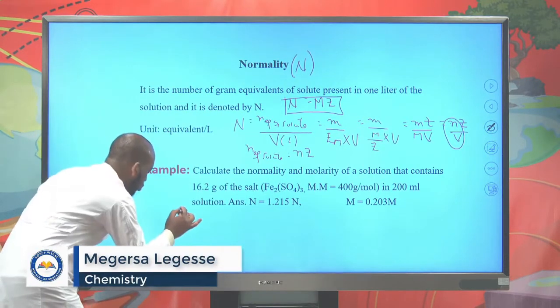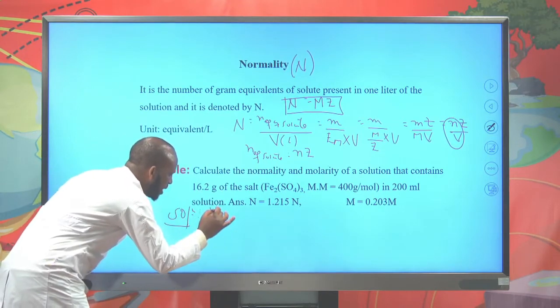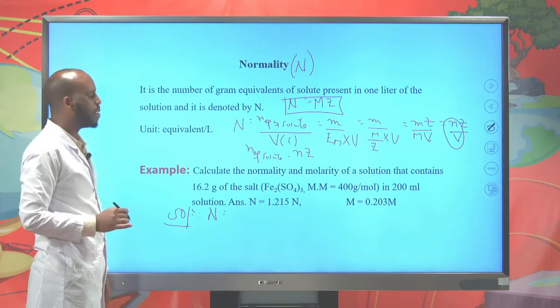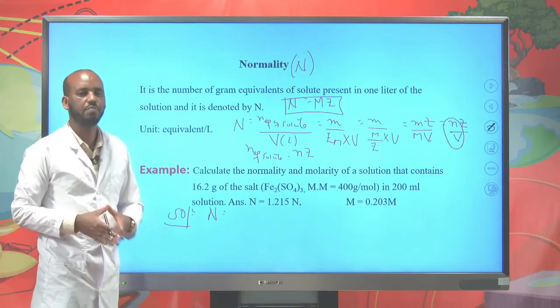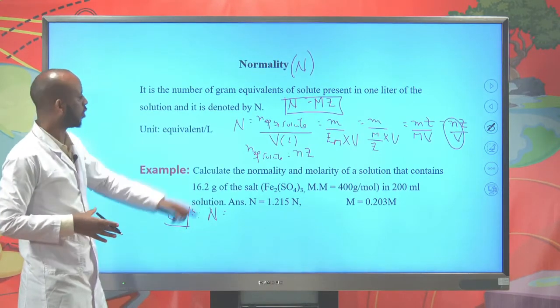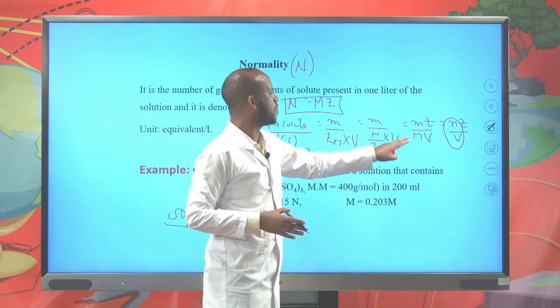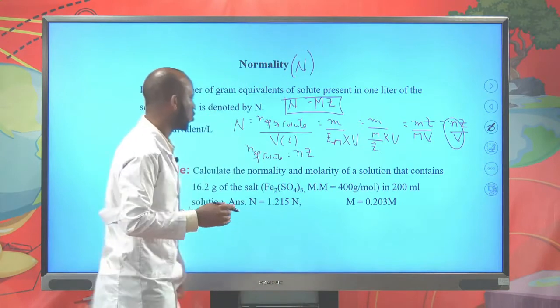Normality equals number of equivalents divided by volume of the solution.